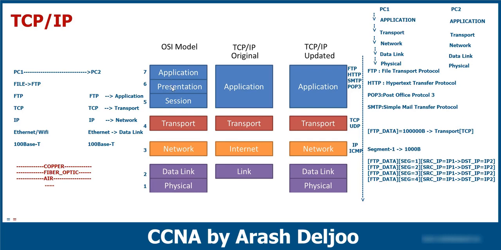Here we have other functions, for example encryption or presentation. After that the data should go to the session layer with other protocols, and then to the transport layer, the network layer, the data link layer, and physical.